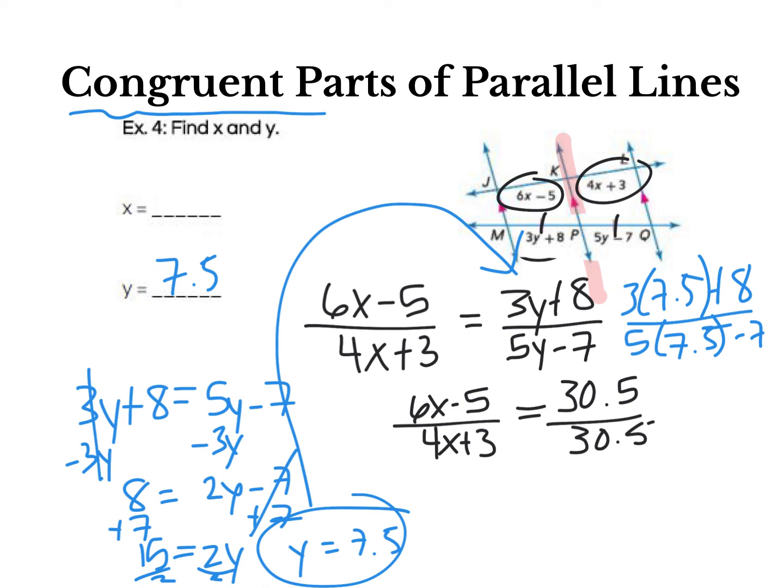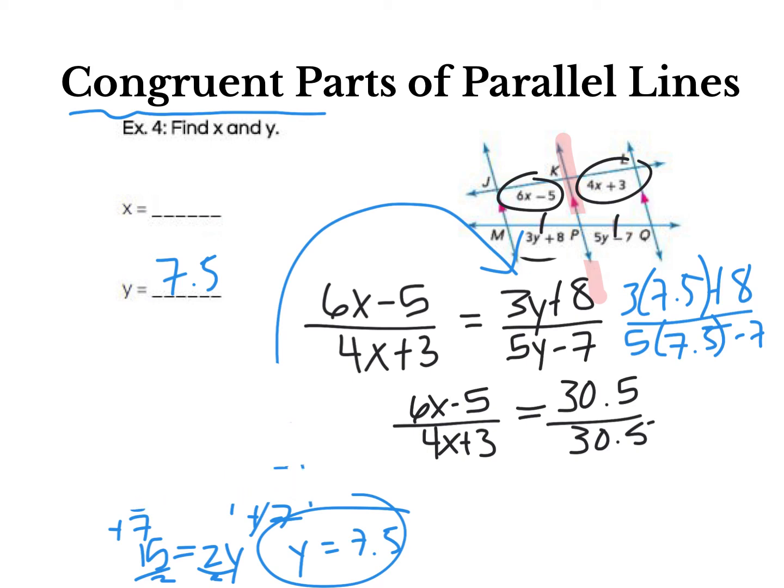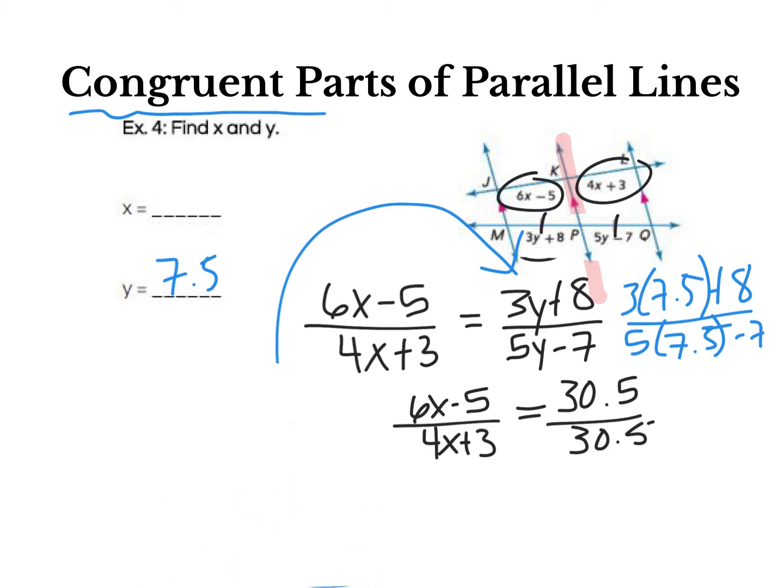It seems like I'm running out of space here, so let me clean some stuff up. So as I cross multiply, I have 6x minus 5 times 30.5 equals the other side.